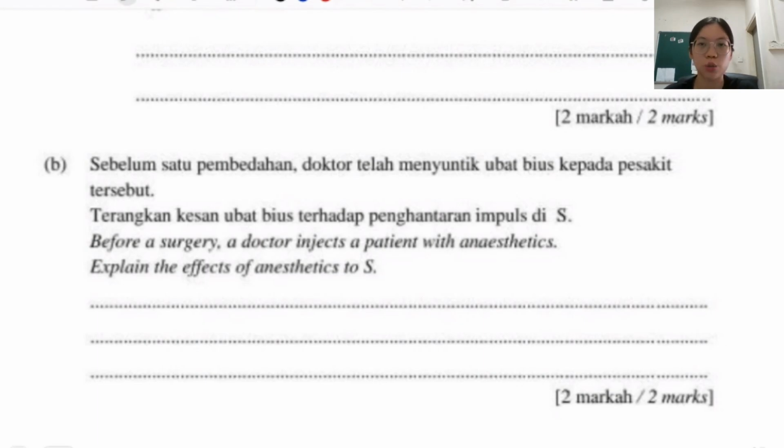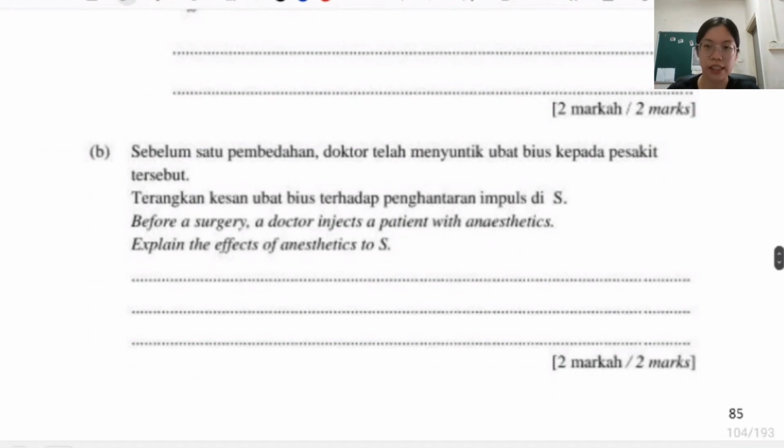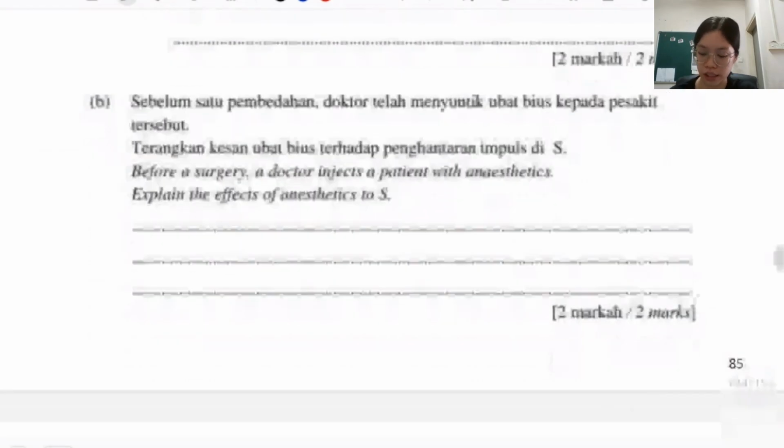That's why you won't react much, and you won't feel extreme pain. Because it is a delayed response, a delayed signal, you won't feel really painful during that time, because there is this anesthetic.